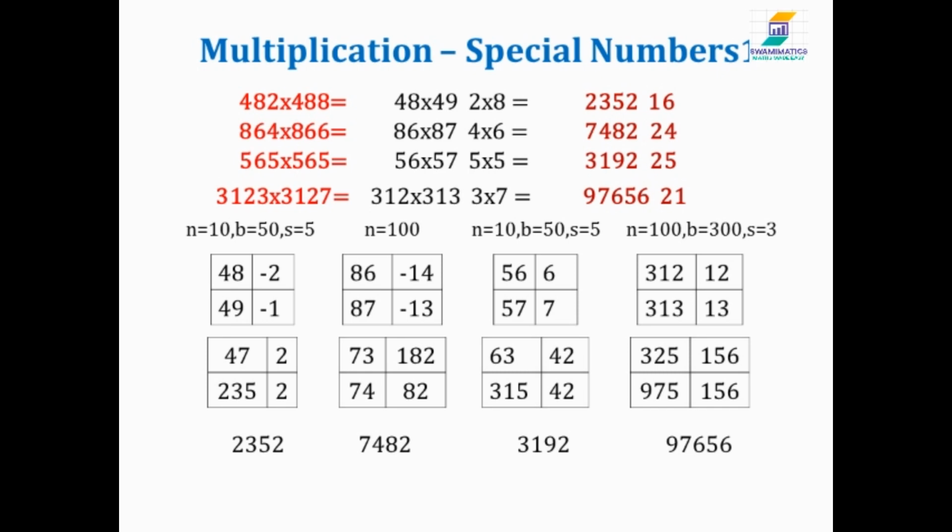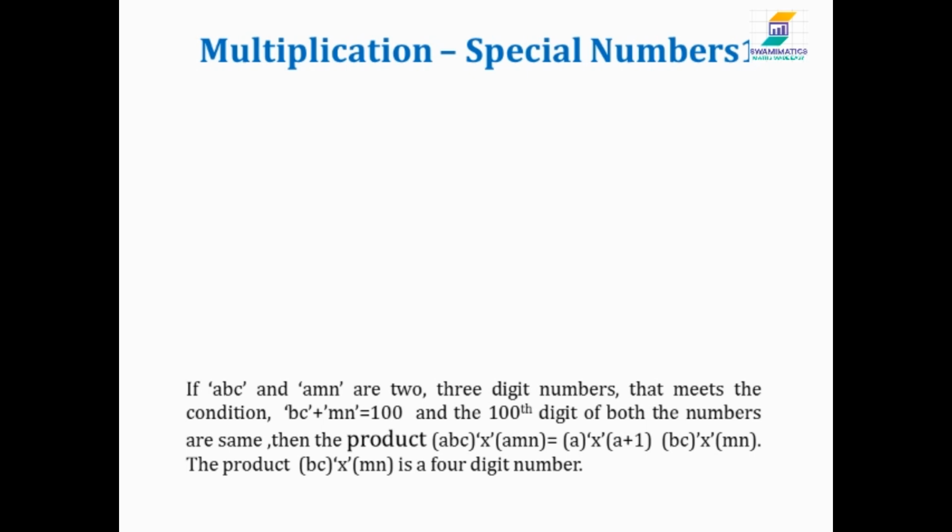Right. Now, so far we have seen the unit digit adding up to 10. This logic can be extended for further cases also. That is, if ABC and AMN are two 3-digit numbers where the sum of the tens digit and unit digit of both the numbers adds up to 100 and the hundreds digit of both the numbers are same, then the product is hundreds digit multiplied by hundreds digit plus 1 and the product of the tens and unit digits.